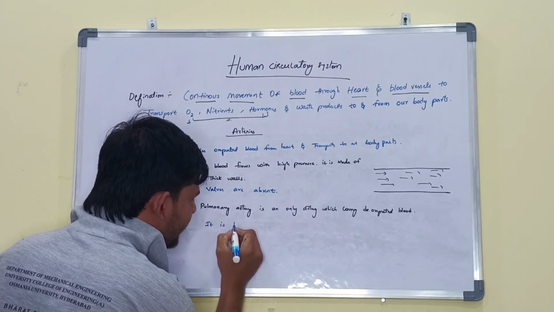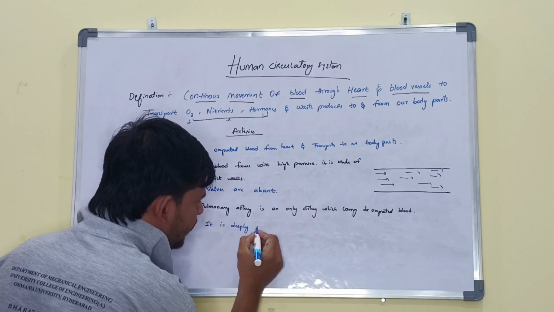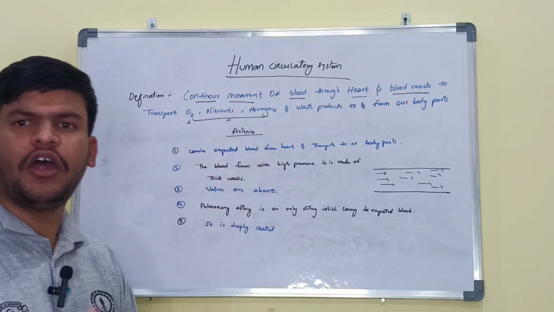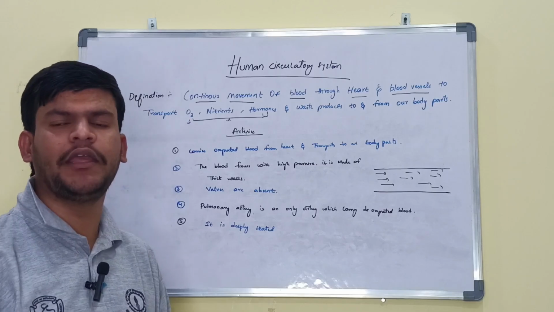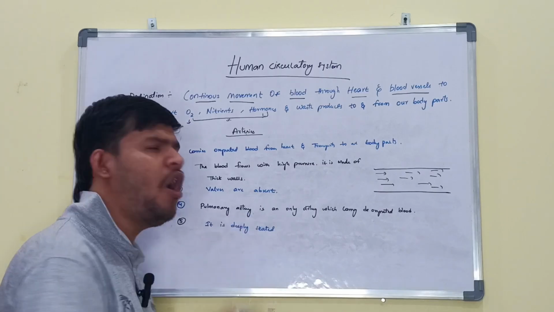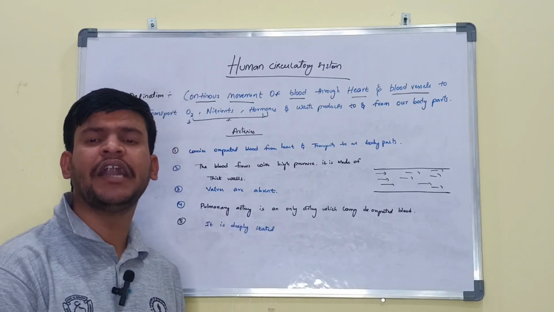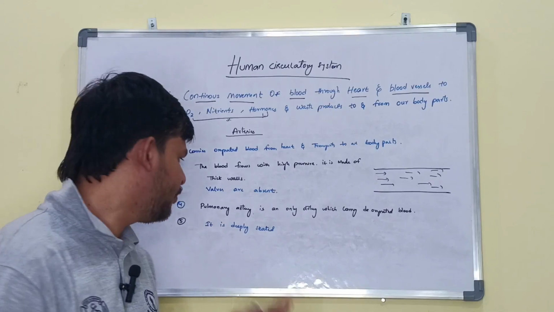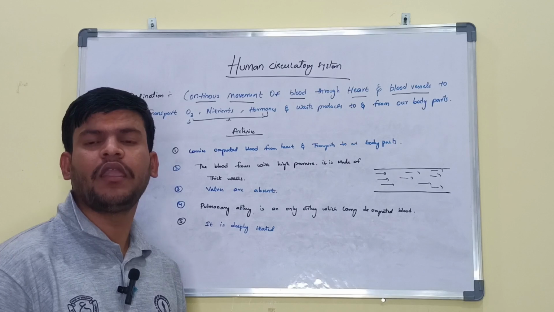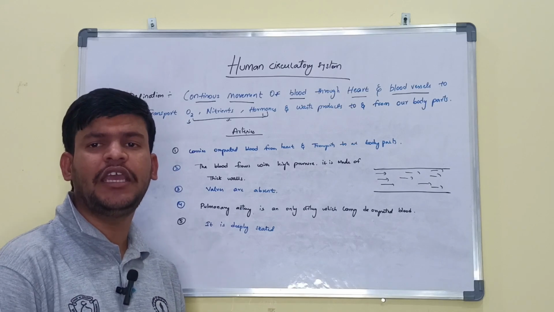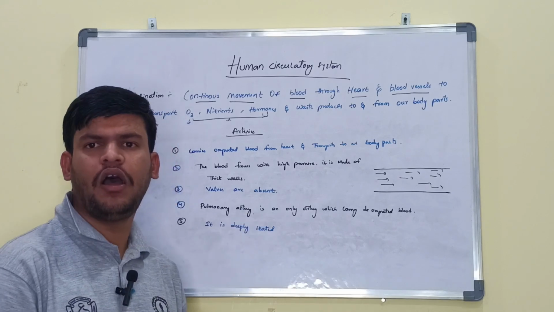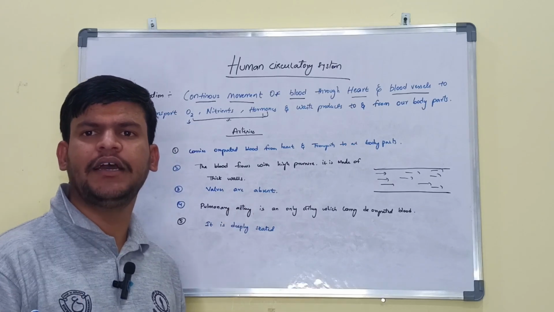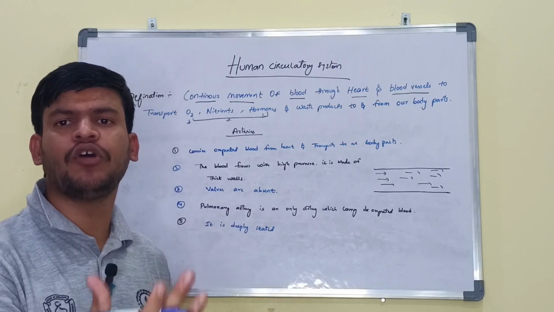The last point is it is deeply seated. Arteries are deeply seated in the human body because the flow of blood in arteries is at high pressure. If the arteries get cut, the high pressure blood will come out.